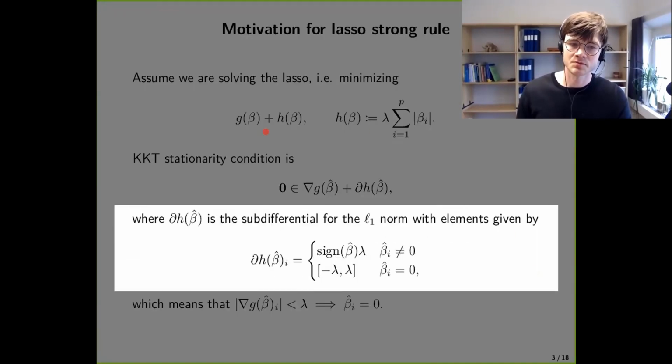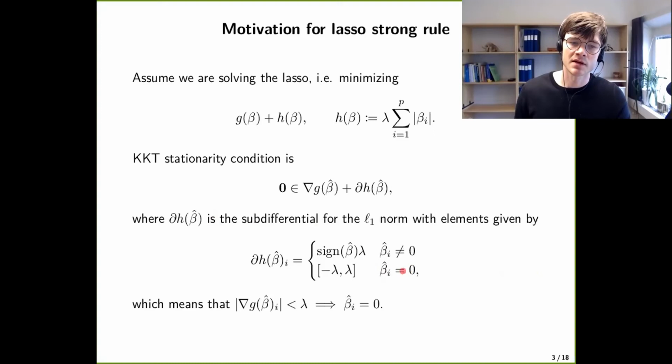So if we have a coefficient that is zero, then the subgradient will be somewhere in this set, and if it is non-zero, then it will be the sign of beta times lambda.